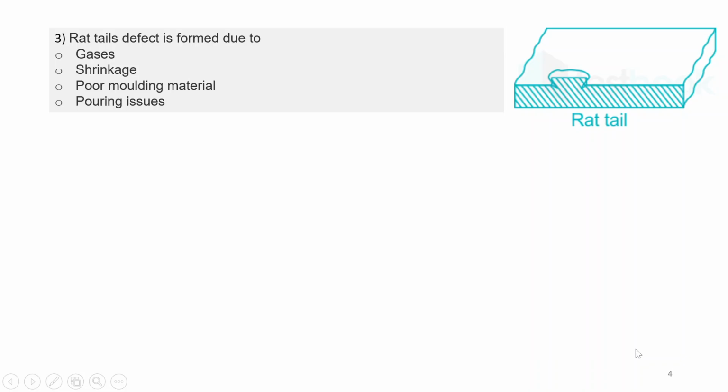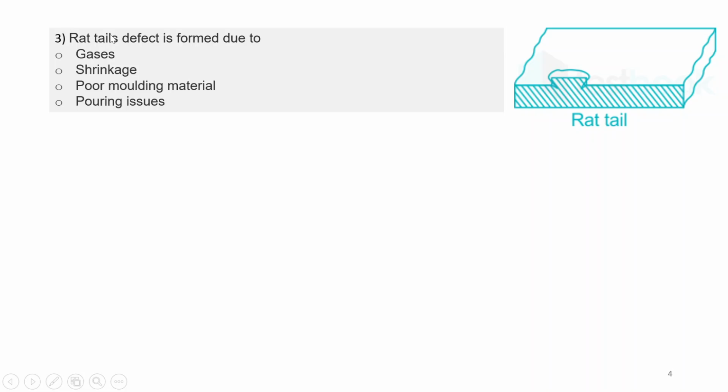Next is based on casting defects. The red tail defect is formed due to: your options are gases, shrinkage, poor molding material, or pouring issues. So which one should be the answer? You can type it in the chat box.